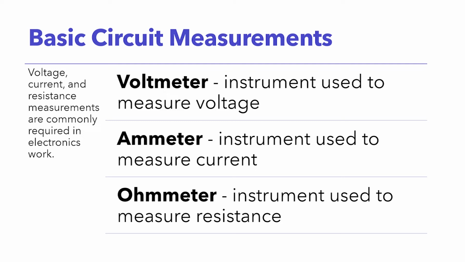Second, the ammeter, to measure current. The third one is the ohmmeter, used to measure resistance. All these instruments can be combined into one meter that is commonly known as a multimeter.